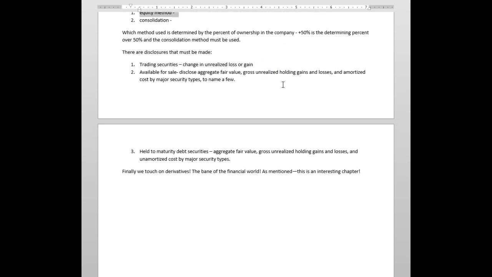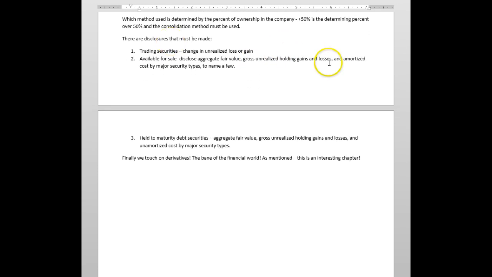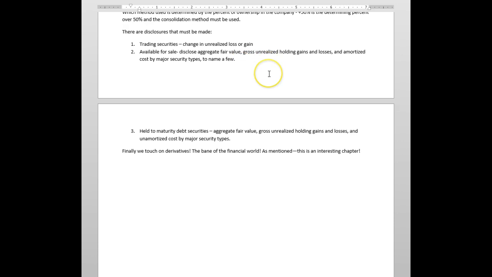And of course, we're going to look at some disclosures. For trading securities, any change in unrealized loss or gain is going to have to be reported on the disclosures. Available for sale securities, you're going to show at aggregated fair value, and keep everything as transparent as you possibly can.